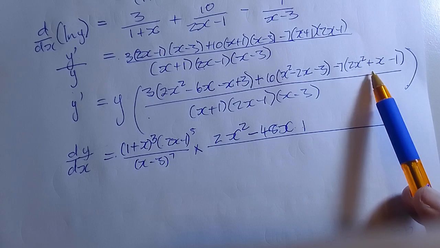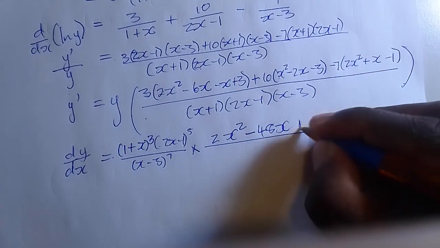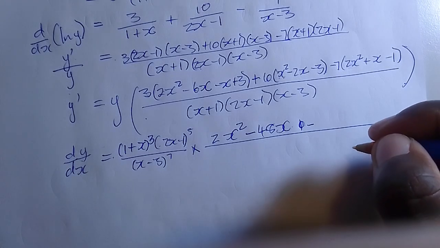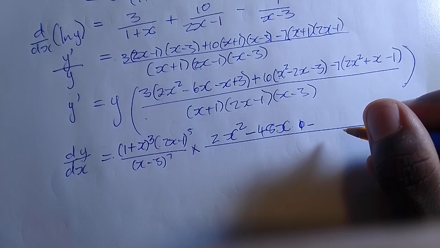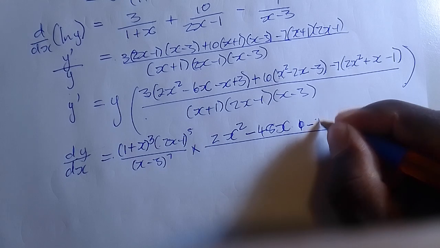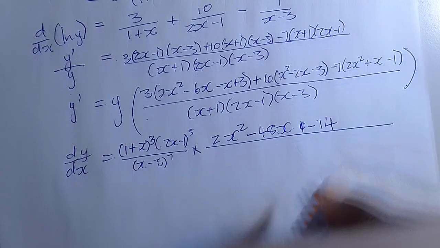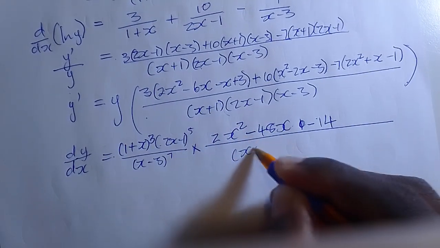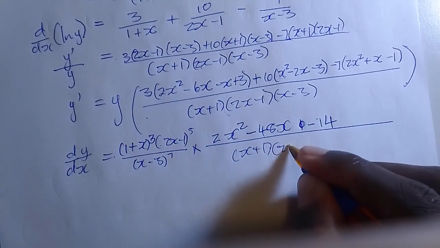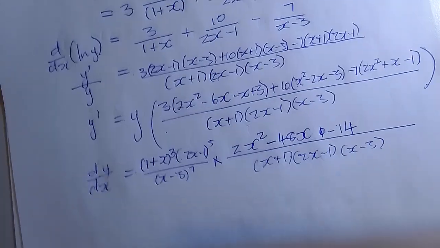Negative 21 plus 7 is actually, okay, 21 minus 7 is actually just 14. Now we have x plus 1, 2x minus 1, x minus 3.